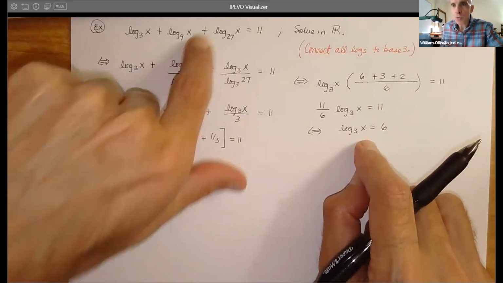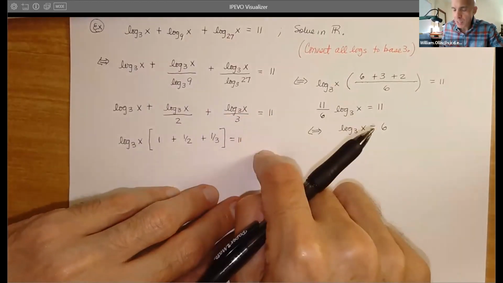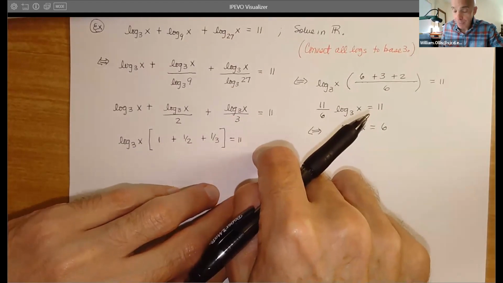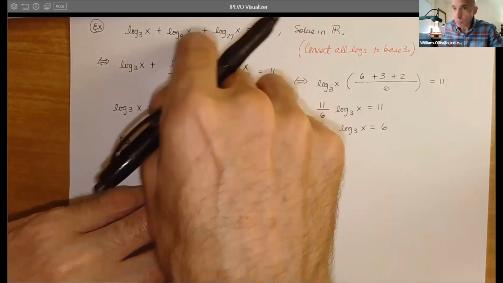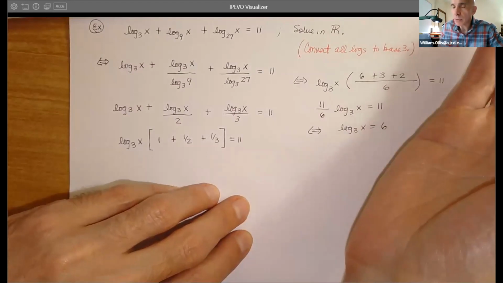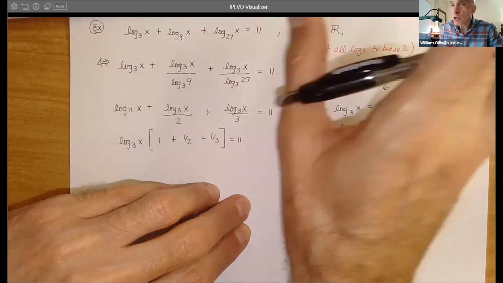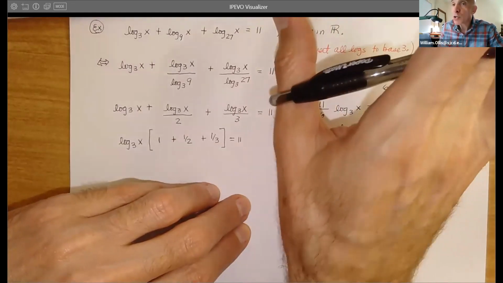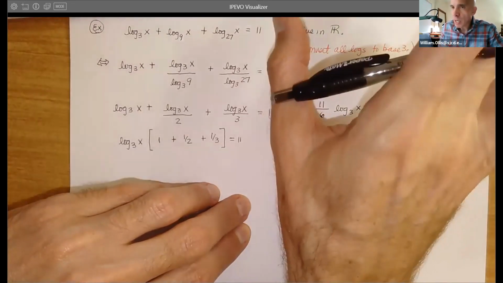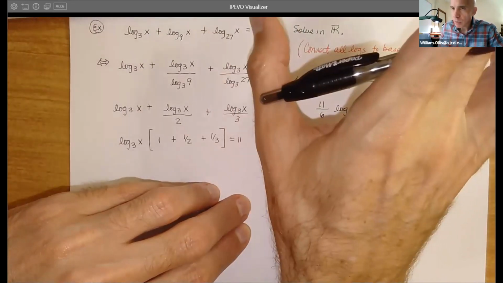So we see that the utilization of the change of base theorem allows us to do what we do in mathematics. What do we do in math? What do we do? We take the problem and we simplify it. When you solve an equation, you simplify the equation to a form that reveals the solution.